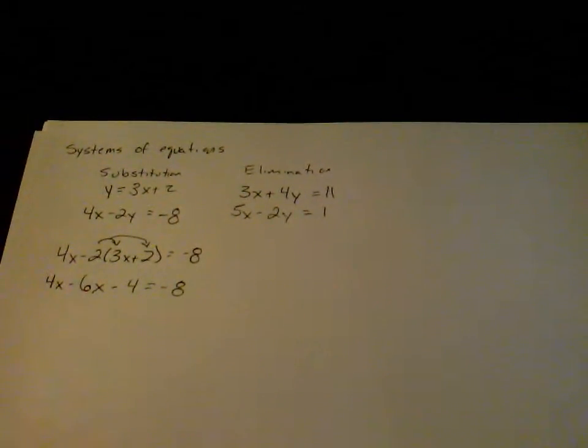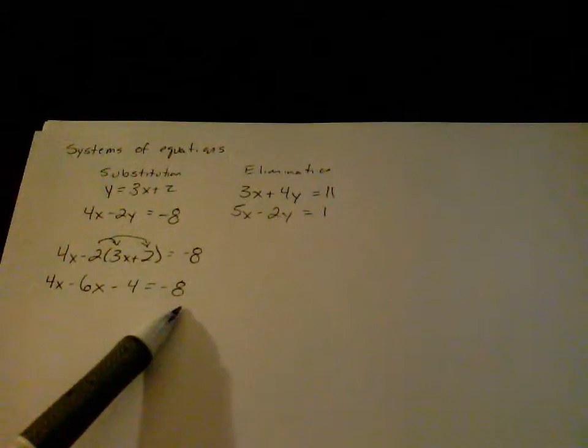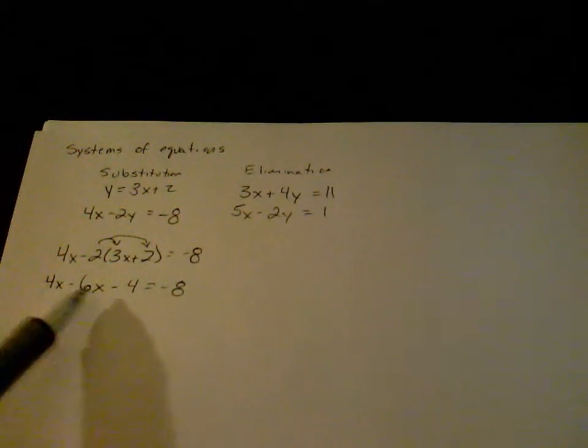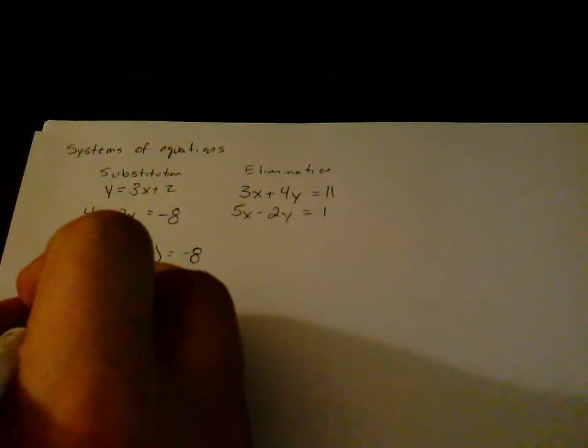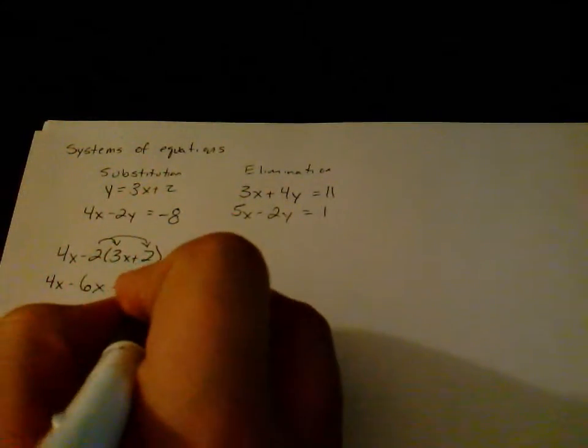After that, what we had to do is combine like terms. The only like terms are the things with the x's or the numbers. Since these are on opposite sides of the equal sign, they can't combine, but these two can. We take 4 minus 6, which is negative 2x, minus 4 equals negative 8.